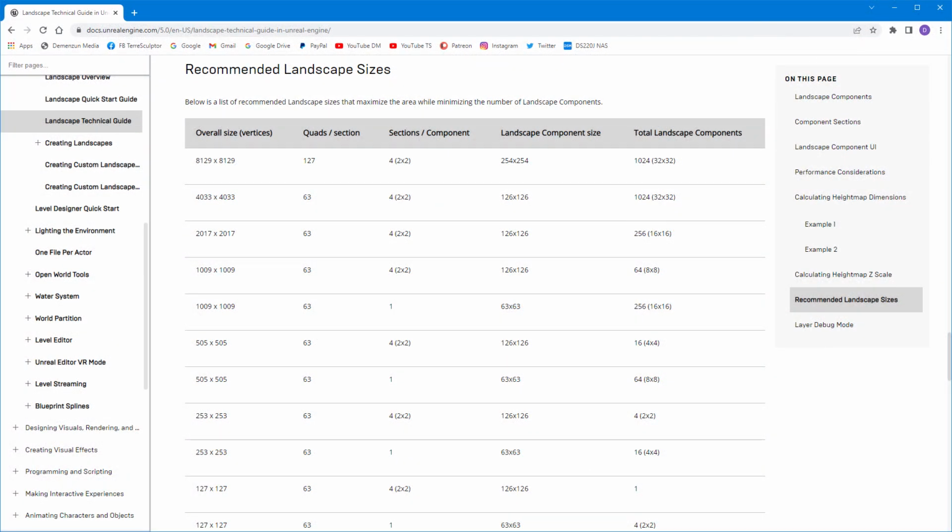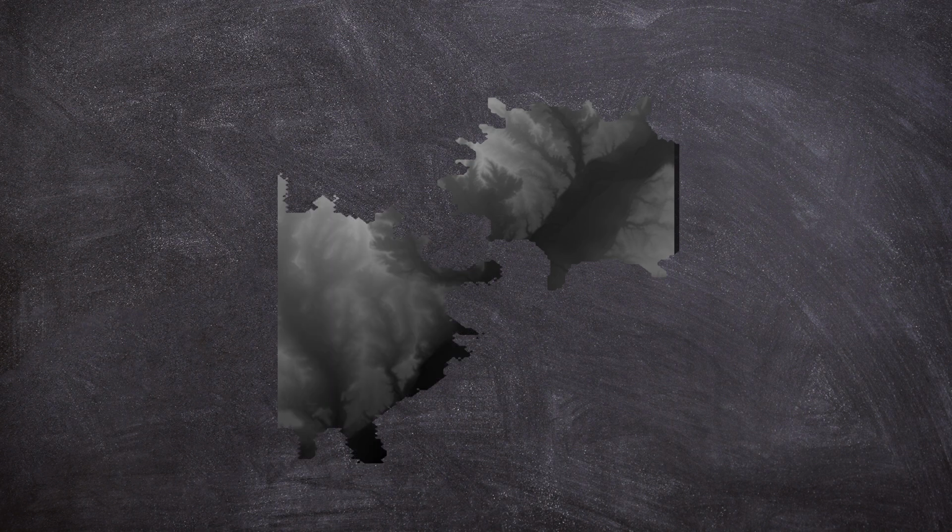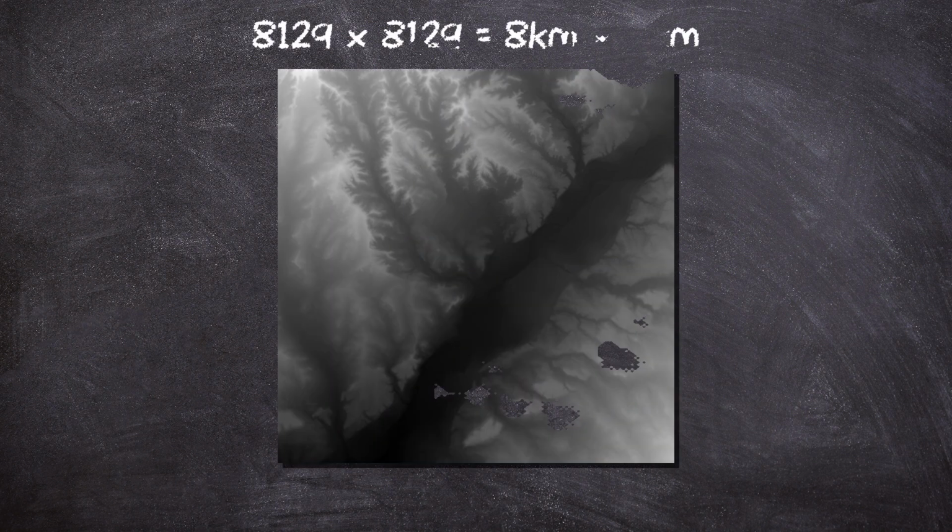These are typically the only sizes that should be used for tiles, since they are the optimal number of mesh quads, sections, and components. The maximum size of a landscape tile is 8129 by 8129, or roughly 8K by 8K. At the default landscape scale, that is an 8 km by 8 km area, which is 64 square kilometers.